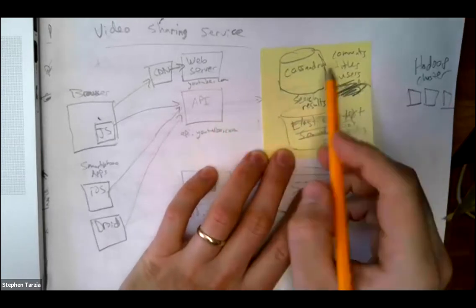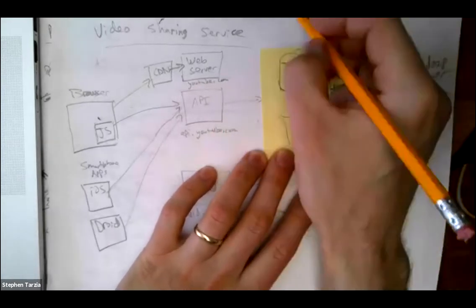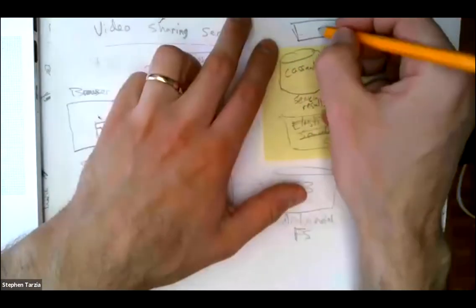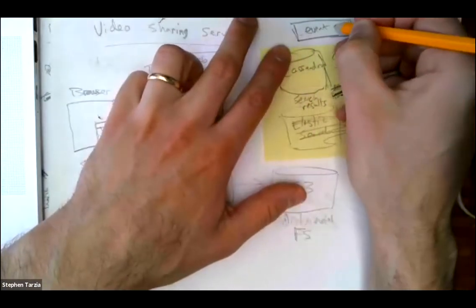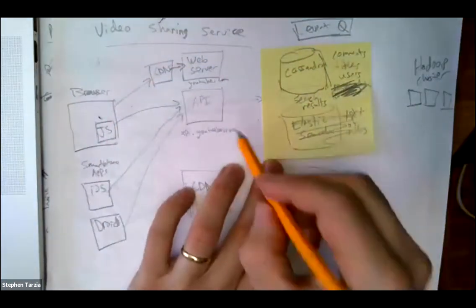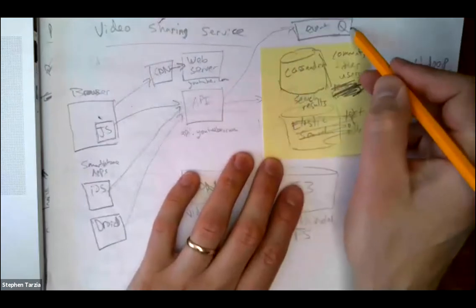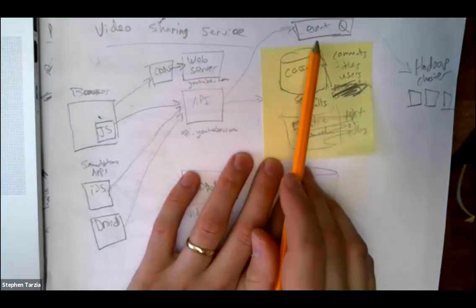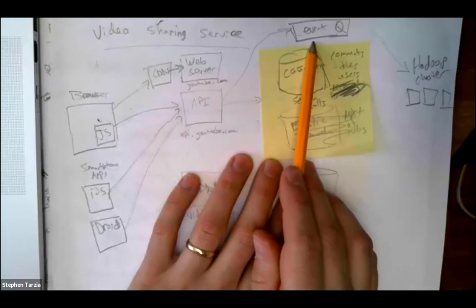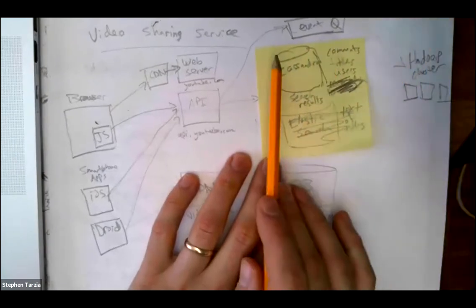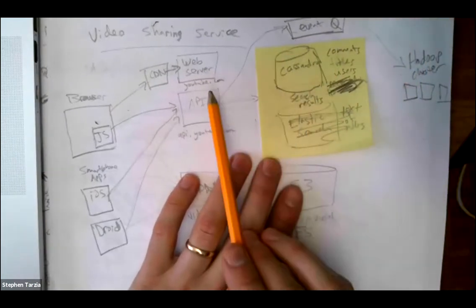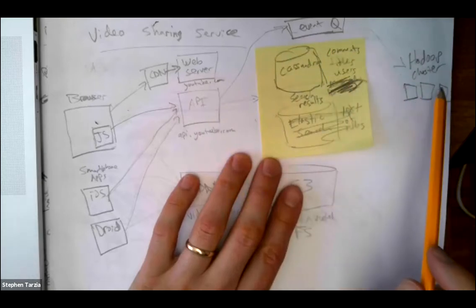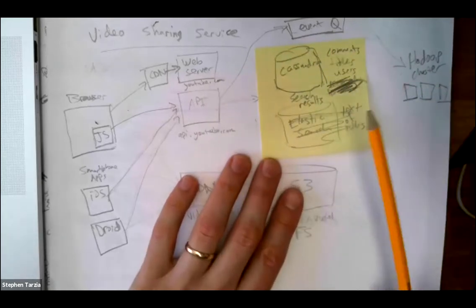Let's see. So you might have a queue up here, which I'm going to call the event queue, and you would queue up things the users did, like things they clicked on, searches that were made, stuff like that, so that those could be fed into this Hadoop file system.